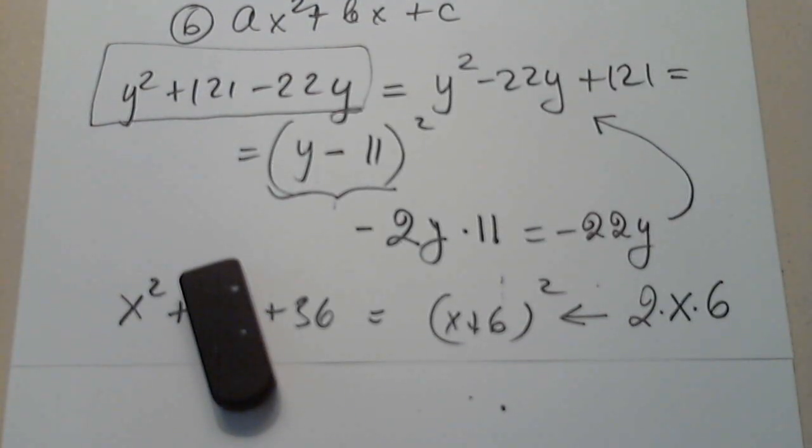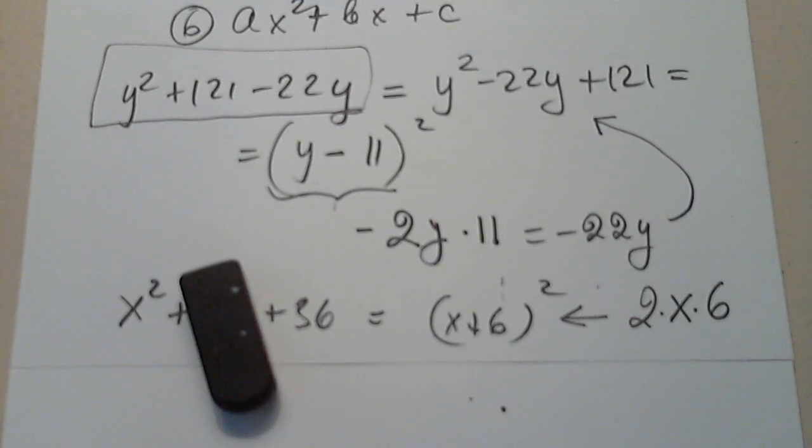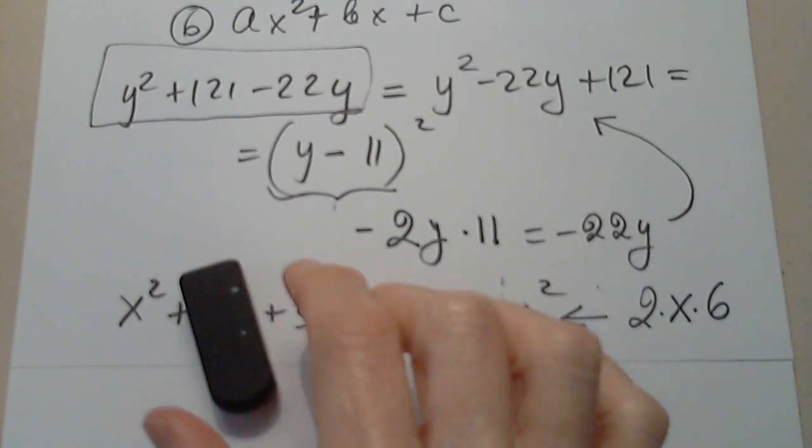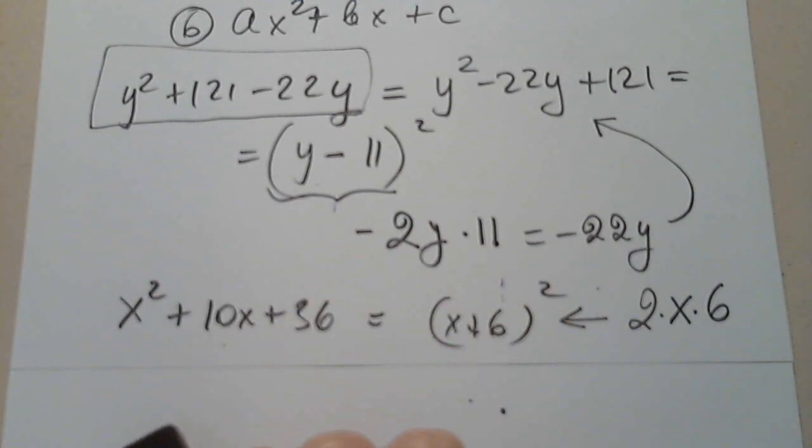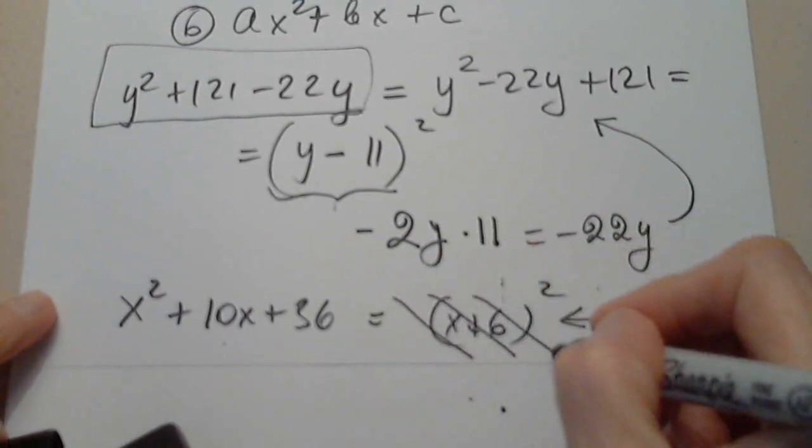So we're not distributing. We're just multiplying. So then 2 times x times 6 is? 12x. 12x. Very good. But is this 12x? No. So this is not the factored form.